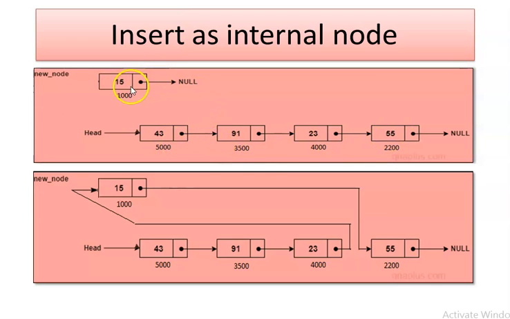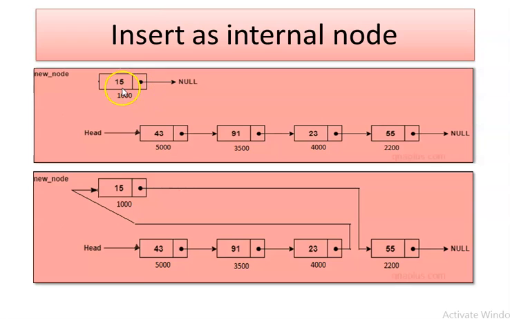So first of all, we have to identify the location either by value or by counting the number of nodes. And suppose if I say this node has to be added after the value of 23, then this node appears here.